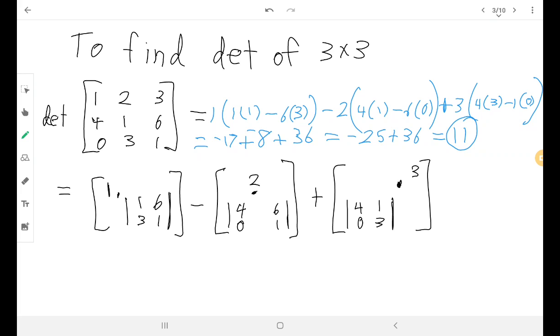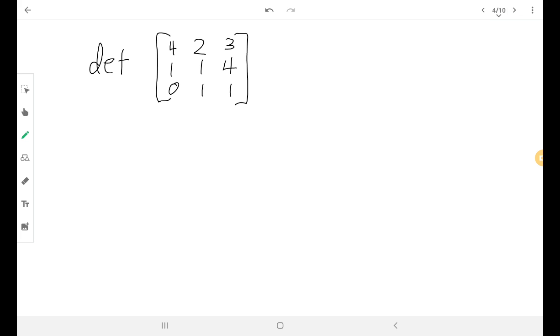However, as you can see, this is pretty clunky, right? This takes a whole lot more work than the 2 by 2 matrices. Let's do it one more time just to see.